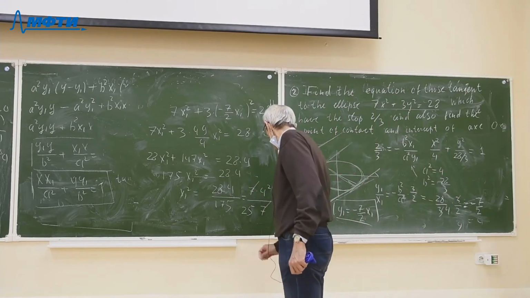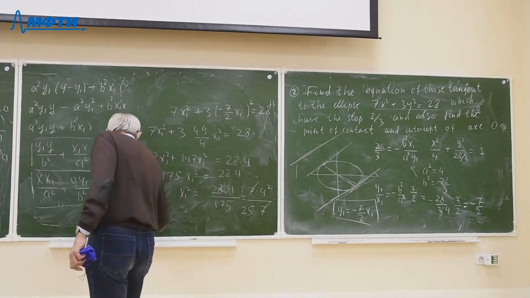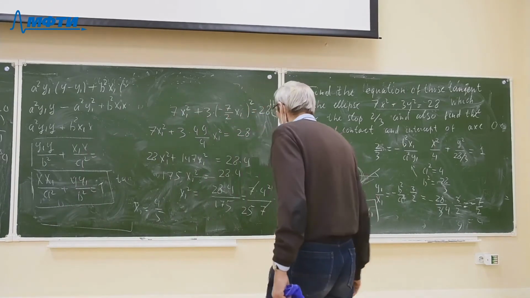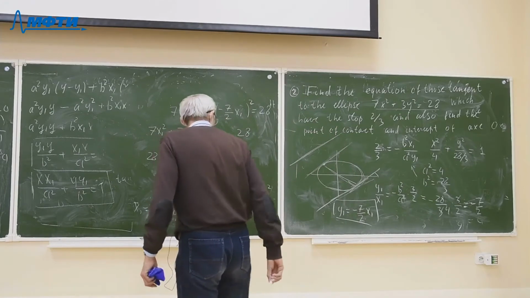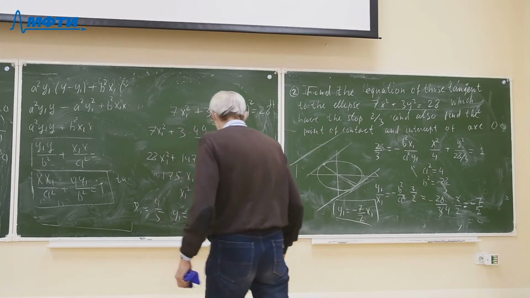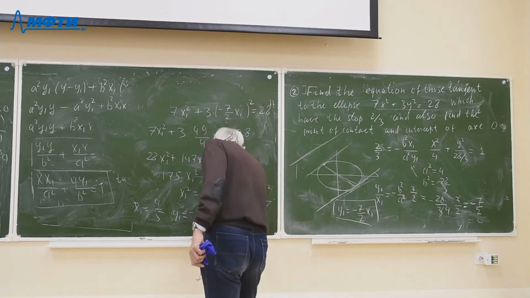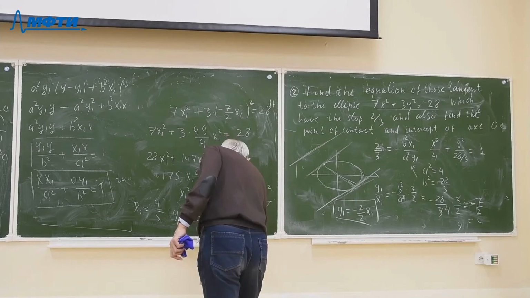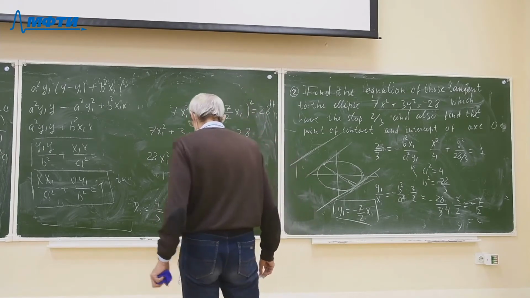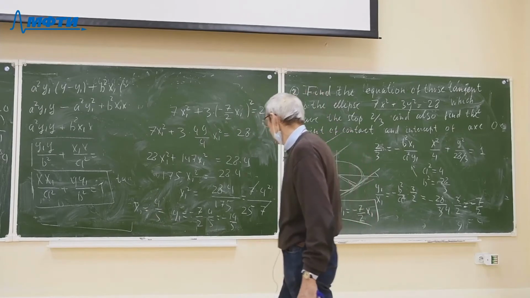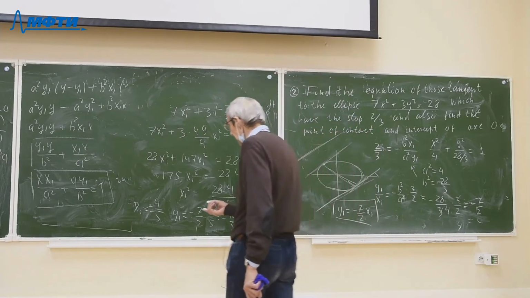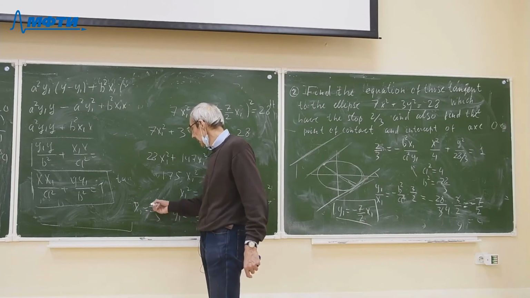We can subtract, and x1 is equal to 4 divided by 5, and y1 is equal to minus 14 divided by 5. This is only one point, and the other point has the same absolute values but with opposite sign, plus minus.